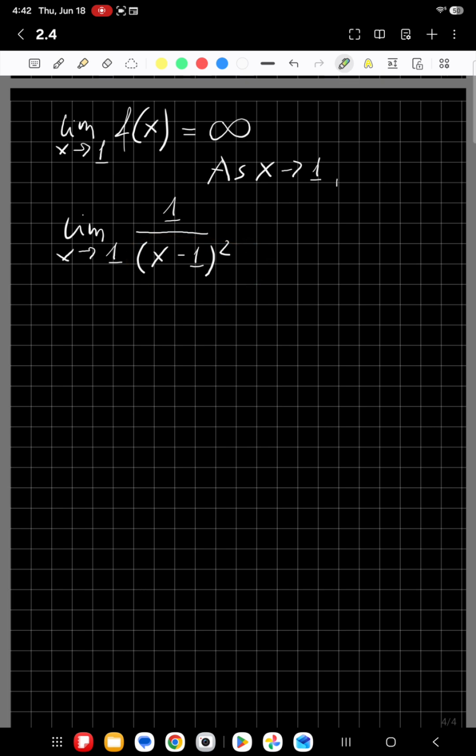The expression x minus 1 squared is getting smaller and smaller.